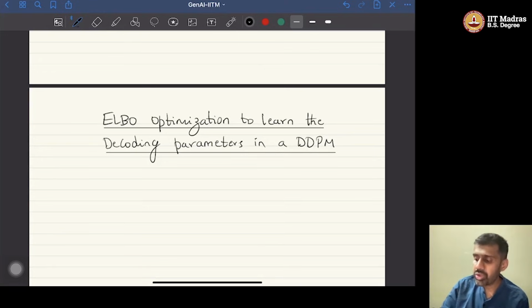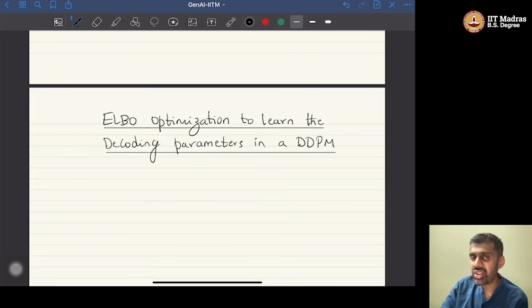So we assume that both the encoding and the decoding processes are defined by Markov chains with Gaussian transitions, while the encoding Markov chain that defines the forward process is completely defined. The decoding process is only defined up to the distributional level.